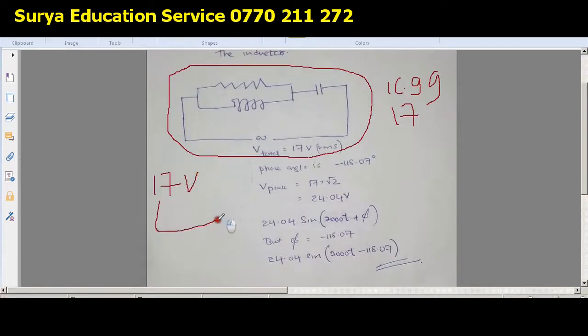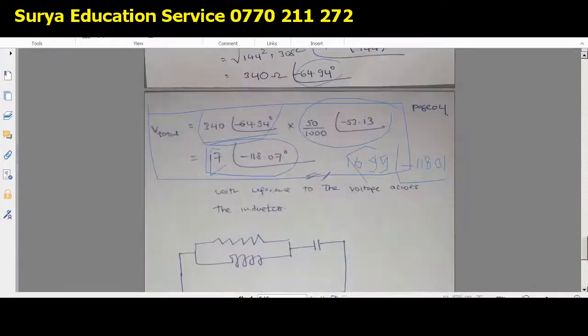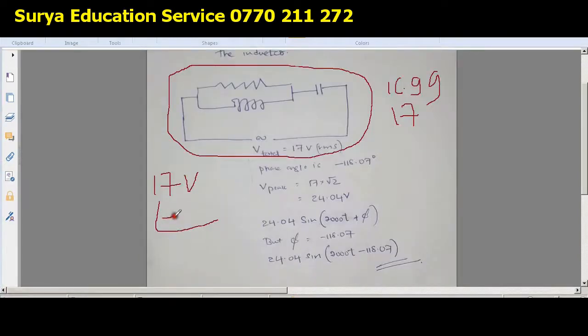Now what is the phase angle? Let's say minus 118.07. Just select the answer you have obtained from one particular method, because both methods must be correct, as there is not that much of a difference in the angle or the value. So minus 118.07 is with respect to the reference angle, considering the voltage across the inductor as the reference.